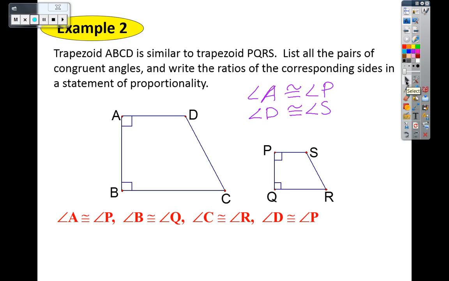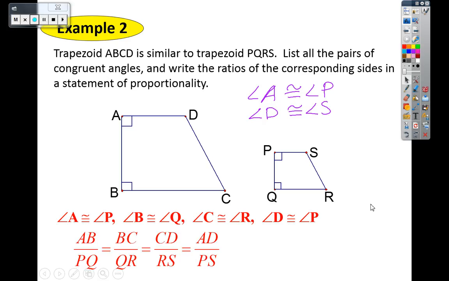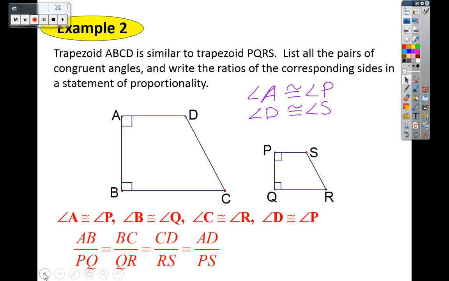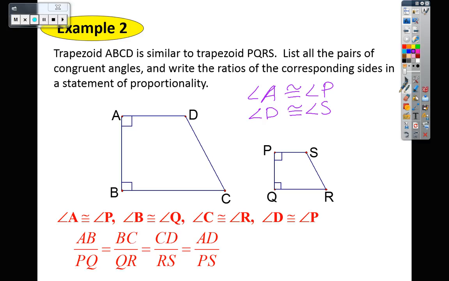Now, we want to compare the sides. If I set up these proportions, I say AB over PQ, side to side, and then BC over QR. So I'm comparing the same leg on the opposite figure, right? And then I have CD over RS and AD over PS.